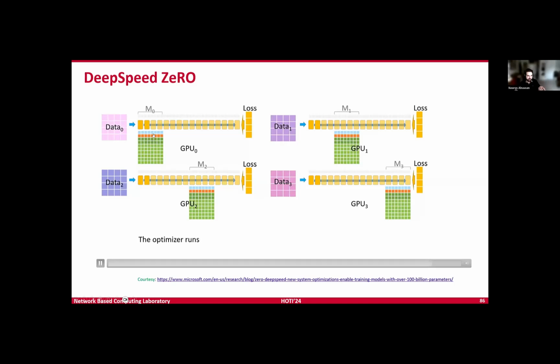So not the FP16, we're going to update the FP32 weights. All of this in green will be updated based on the gradients. Now we send a copy from the FP32, basically we cast it to FP16, so we can use that copy in the next training iteration.